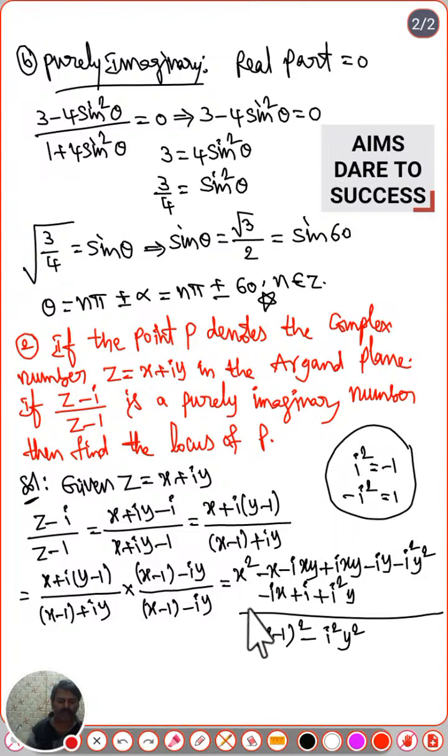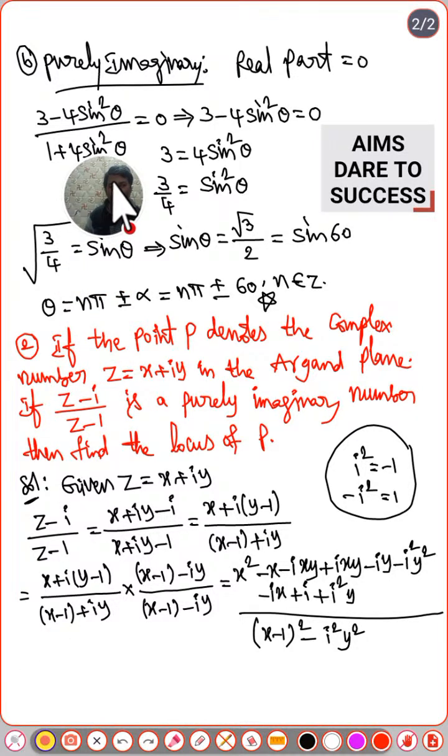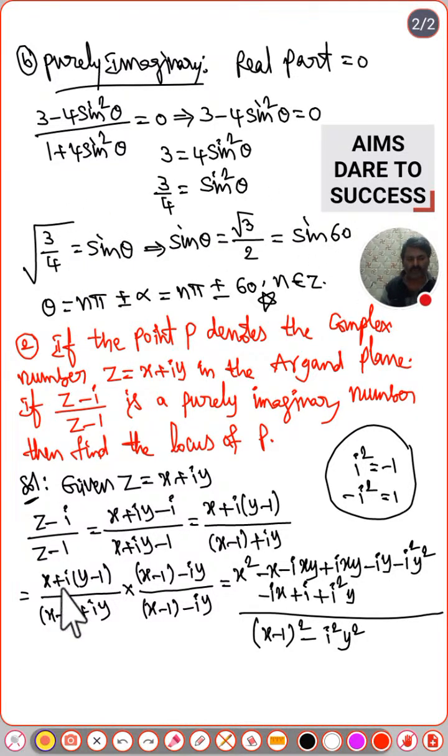Use this value in this place. Now I can substitute: x square minus x, here plus ixy minus ixy get cancelled.